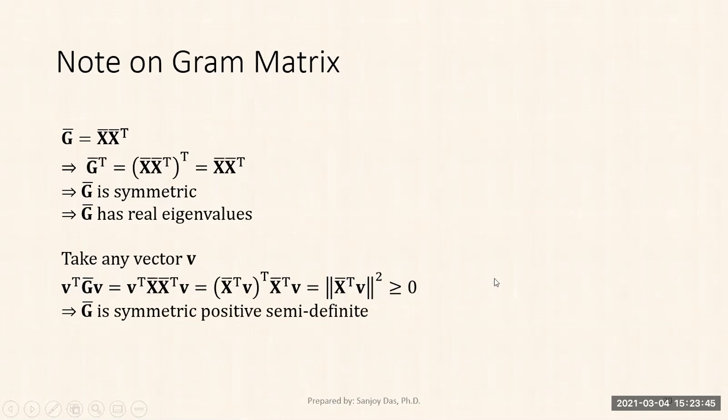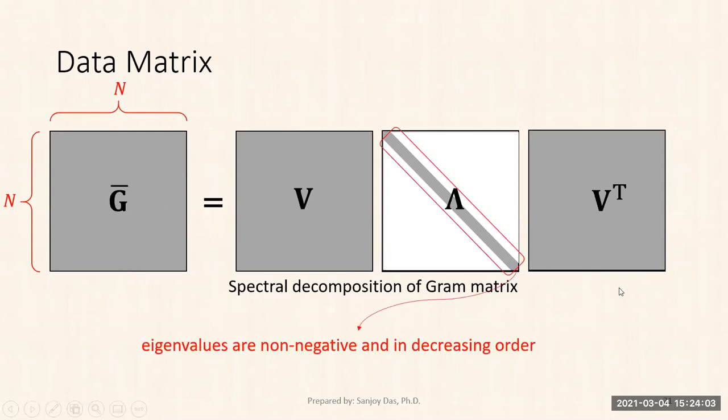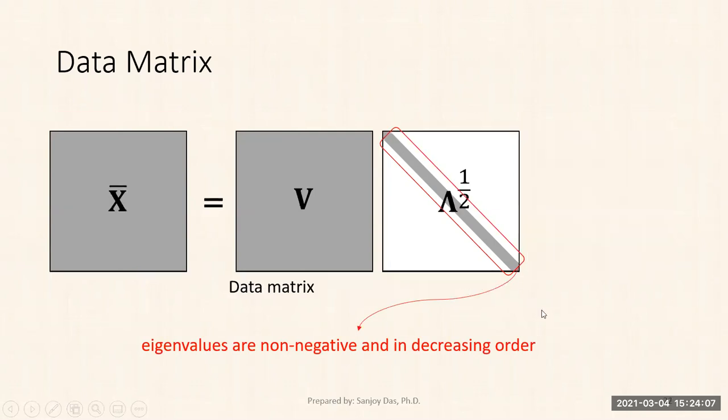So it's symmetric, positive semi-definite, and so it has non-negative eigenvalues. So this is the spectral decomposition. All these are non-negative. This is an n by n matrix. We take the square root of this, and this is our X bar.